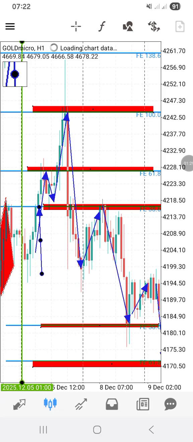As you can see, this was a breakout at the 38.6, and this 38.6, you must add it, guys, because it is not there on your chart. I will show you how to edit. So they don't trade in the middle of this Fibonacci expansion. They will start trading when they see the breakout, and then they will wait for a retest, and after that they take it to 100, because eventually the 61.8 is the strongest point.